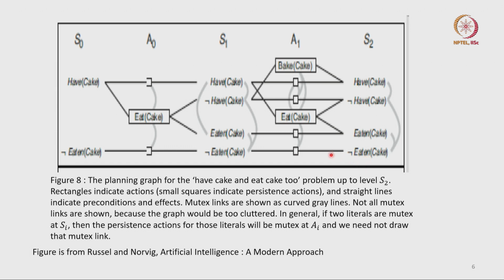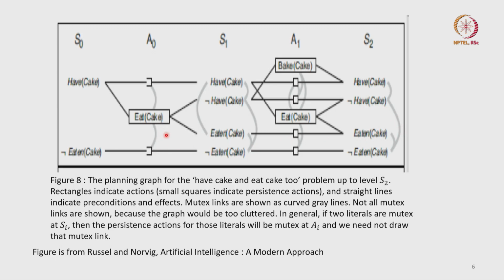So another thing is you have what are called the mutex links. So I will just tell you what you mean by mutex links. You have mutex links like have cake and not have cake are mutex with each other, right? And you also have not have cake and not eaten cake are mutex with each other, etc. Okay, so you have all these mutex links.